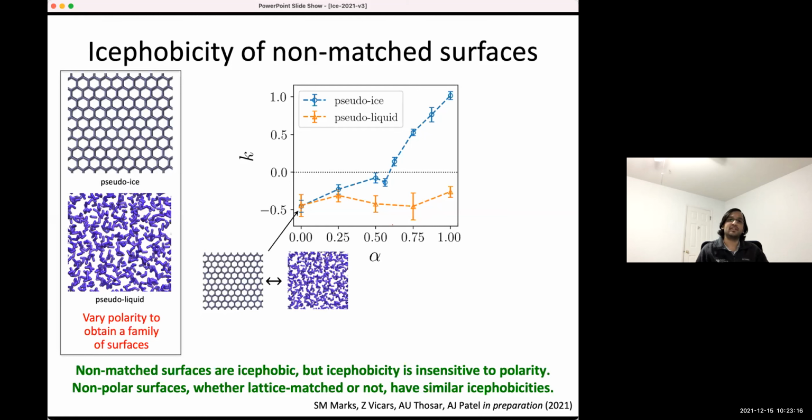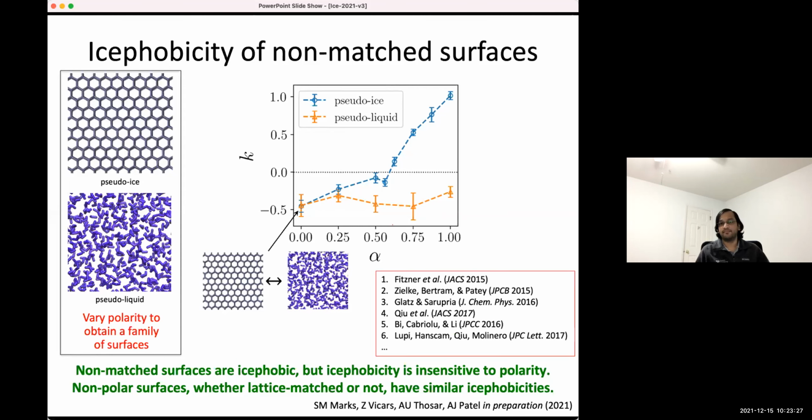And then non-polar surfaces, whether they're lattice matched or not, have roughly the same ice phobicity. So these results echo this increasing consensus that whether a surface is ice-philic, ice-phobic, whether it's able to nucleate ice, that tends to depend sensitively on the molecular characteristics of the surface.